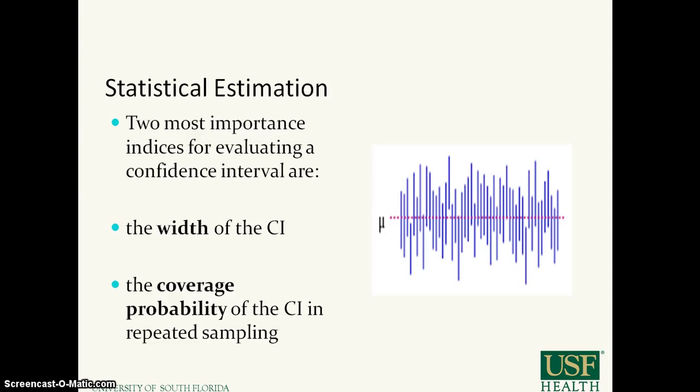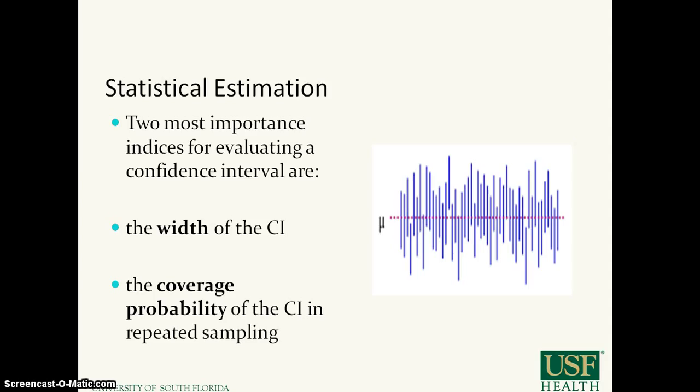For confidence interval, the two most important indices are the width of the confidence interval, so how wide the confidence interval is, and the coverage probability of the confidence interval in repeated sampling. A confidence interval is a formula with which you can compute the interval given the data from a sample. So if you have many different samples, you can compute many different confidence intervals.